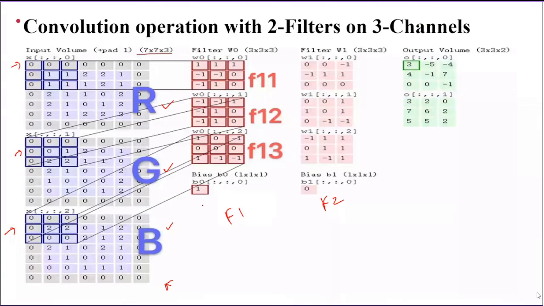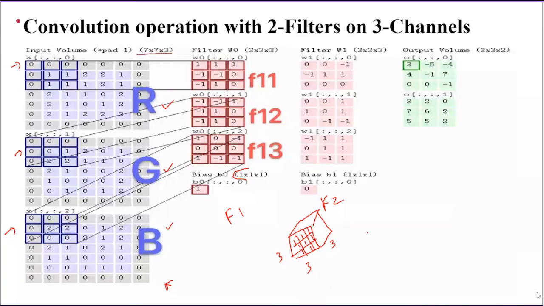For example, suppose you have an input image where the pixel value is 1, assume like this. The depth of this image is 3, and the height and width are also 3. Again, you are taking two filters, and suppose the value of this filter is 1.